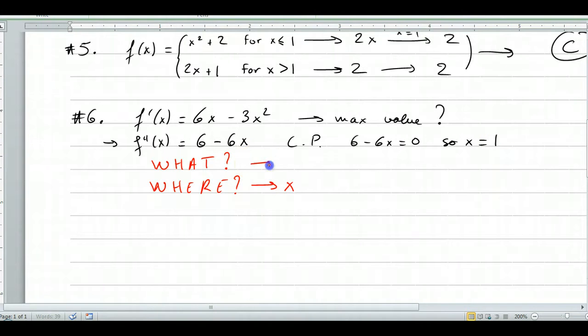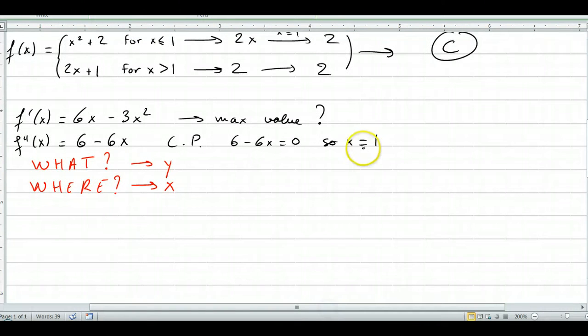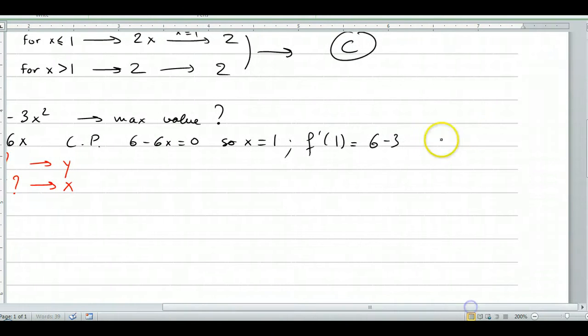If they ask you for the what, I need to plug it in. Where do you plug this 1? Into the function of which you're looking for the max. So what is that? That's f prime. So f prime at 1 is 6 minus 3, and that is 3, and so I'm going to say the answer is D. Be careful.